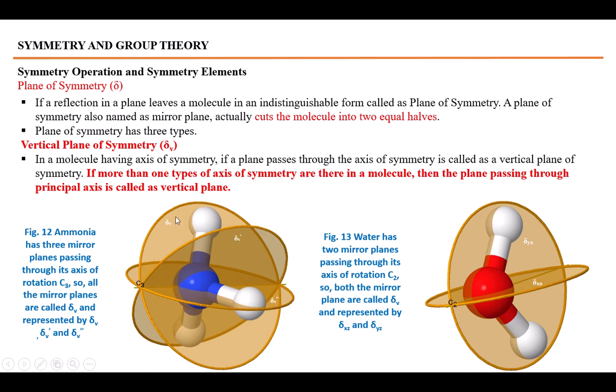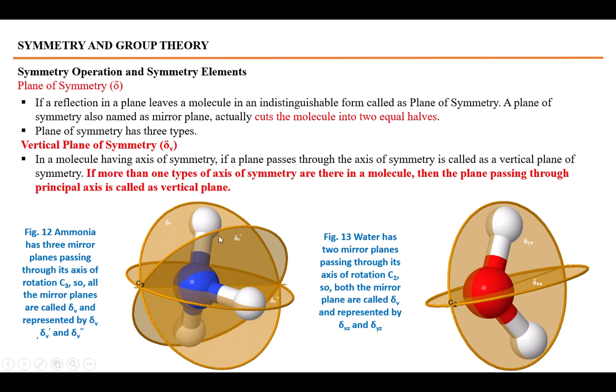There are three planes of symmetry, one passing through one hydrogen atom and nitrogen. It cuts this hydrogen atom and the nitrogen atom, this one sigma V, into two halves. This hydrogen will become the image of this hydrogen. Similarly, another plane passes through nitrogen and another hydrogen, and a third plane passes through the third hydrogen and nitrogen atom.